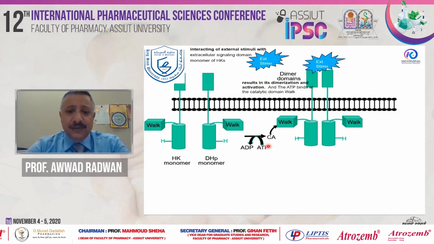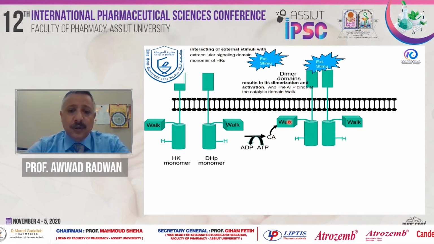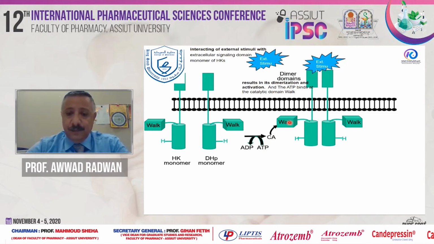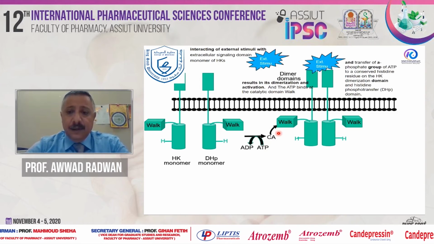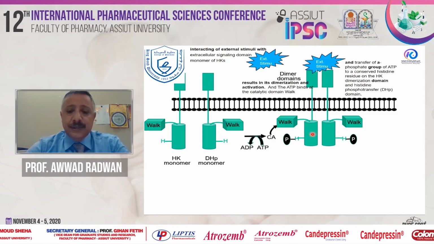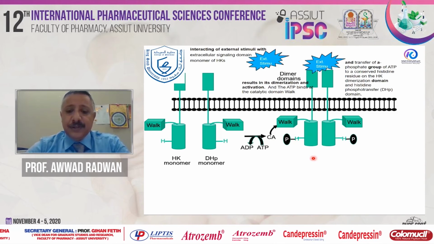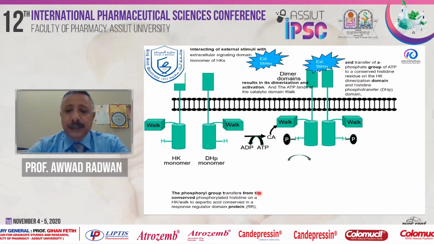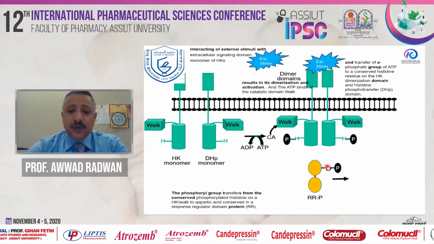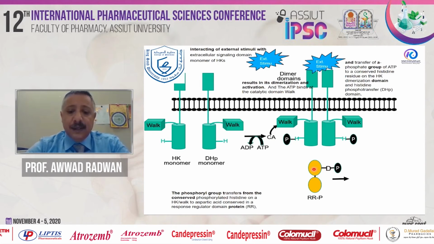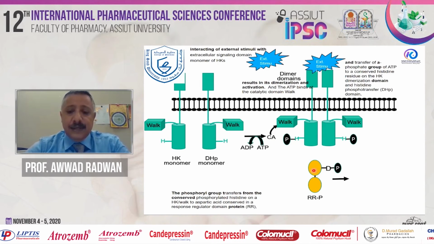Then ATP binds to the WalK domain. Then a phosphoryl group is transferred from the ATP to the histidine on the dimerization and phosphotransfer domain. The phosphoryl group is then transferred from the histidine to the conserved aspartic acid on the response regulator protein.